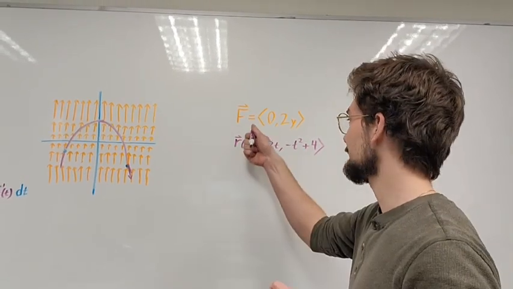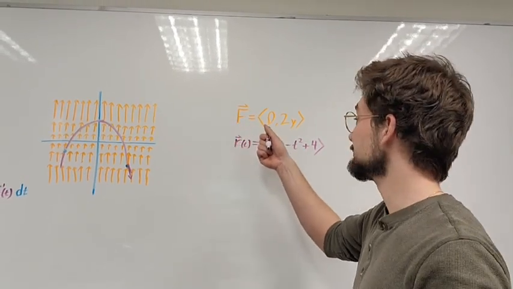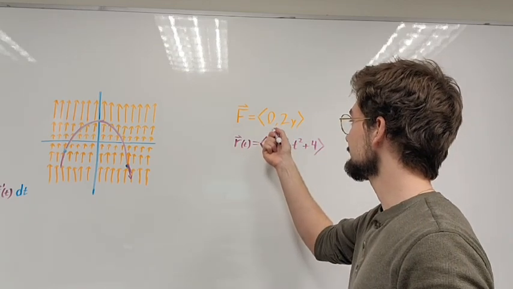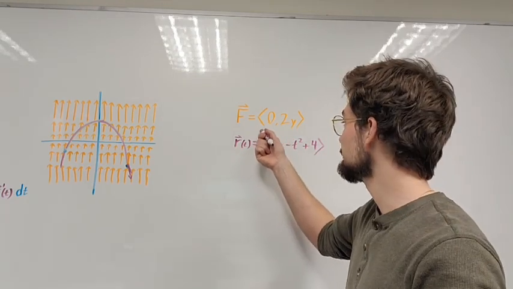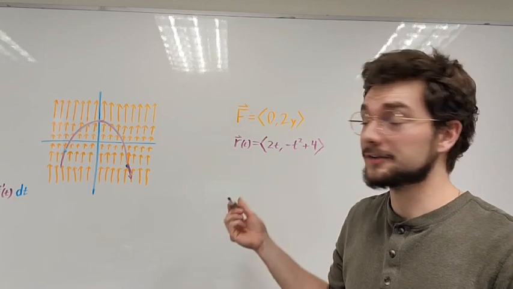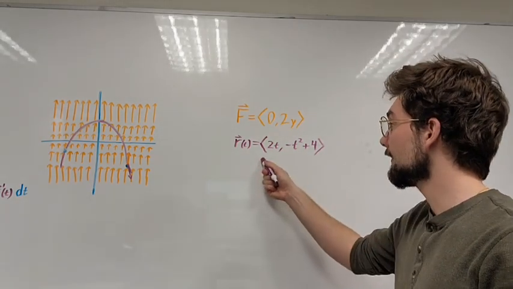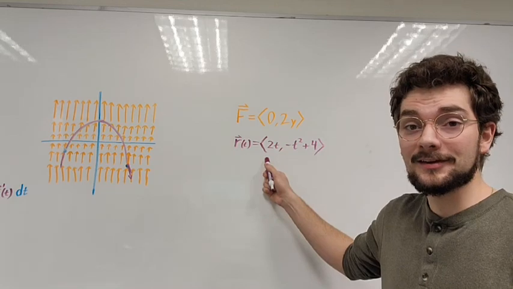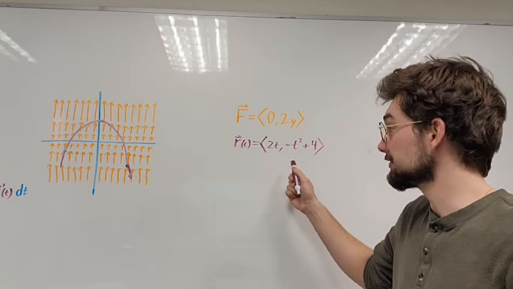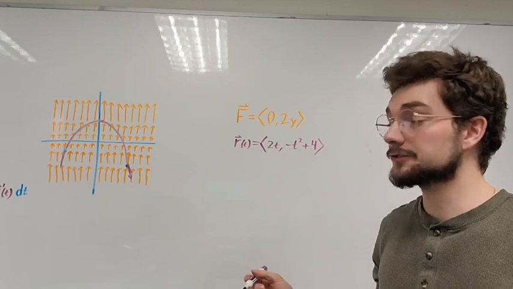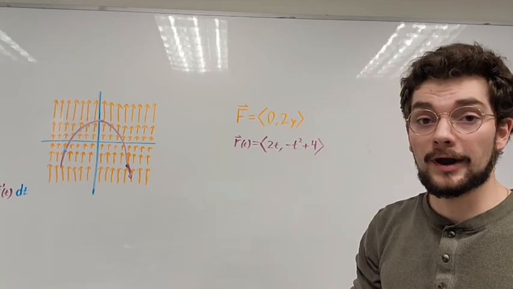So here's our vector field, which is actually shown here. Its x component is 0 and its y component is 2y. And then down here we have our parameterized line, our parameterized curve. So our first step in the process is to find r prime.